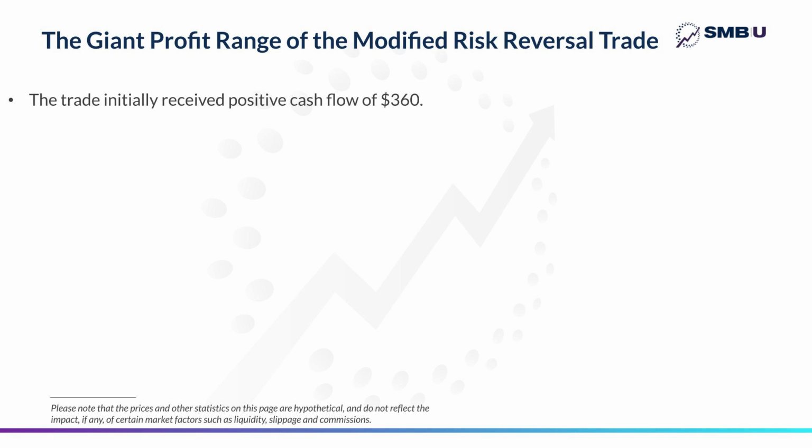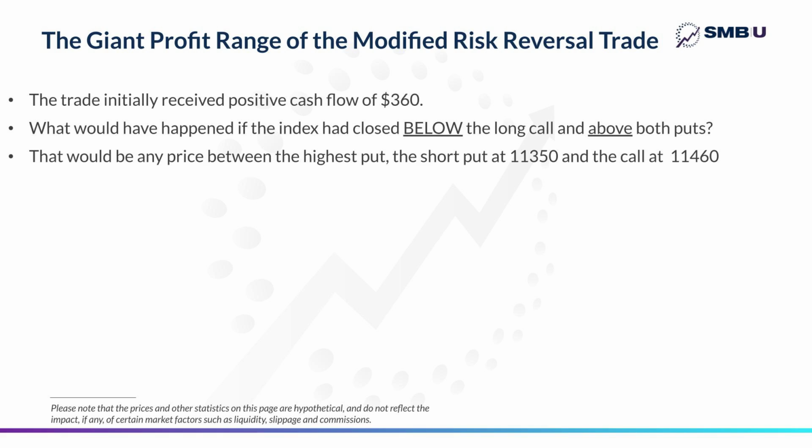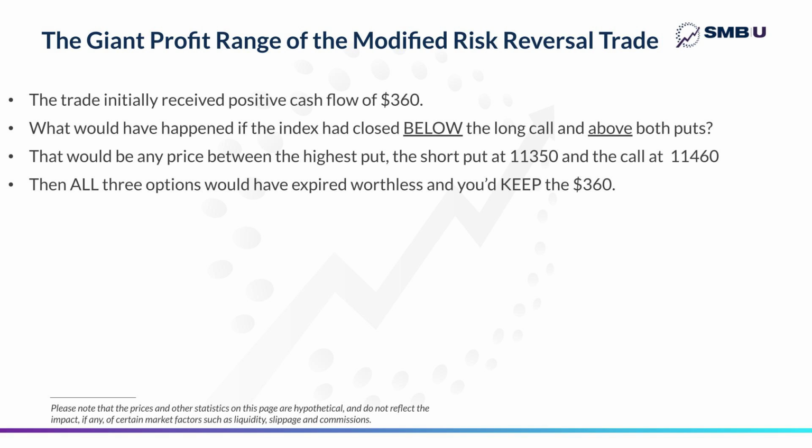And so think about this. The trade originally had positive cash flow of $360. But think about what would have happened if the index had closed, let's say, above the highest put at 11,350, but below the call at 11,460. Well, in that case, all three options would have expired worthless, and you could have just walked away with your initial $360 as a kind of consolation prize for playing the game.